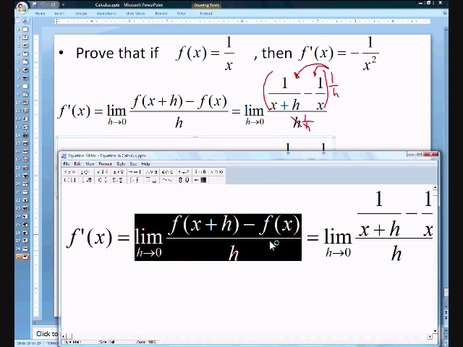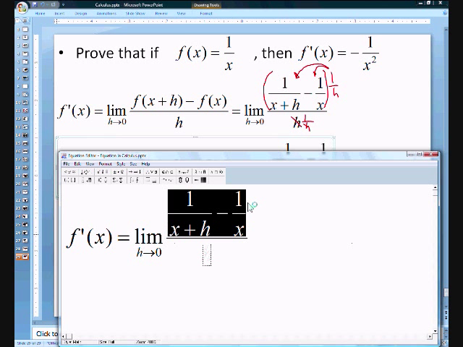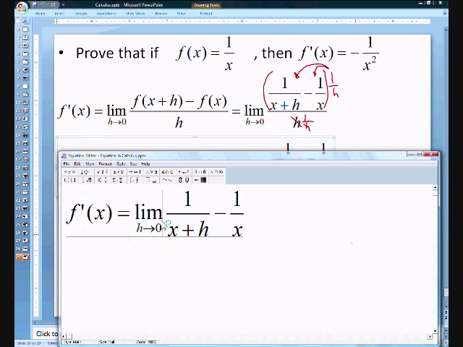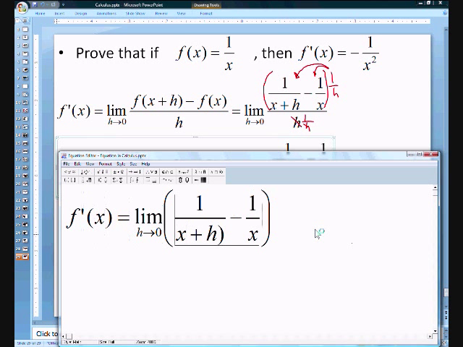So if we do that, let's see. This is no longer within a fraction once we do that. Let's put all this in parentheses just to match the notation. So we have h's now in the denominator of these two fractions.